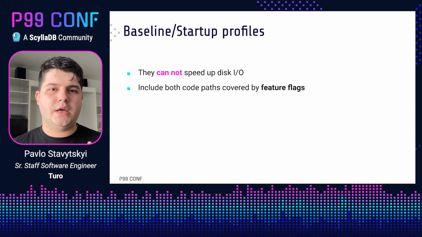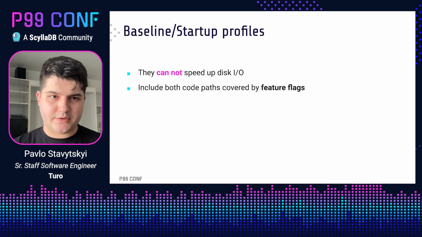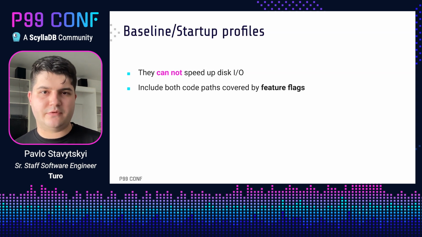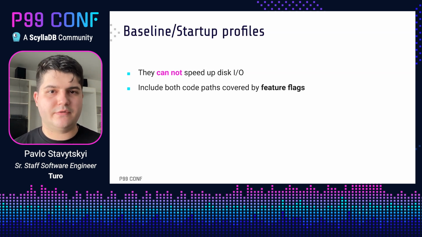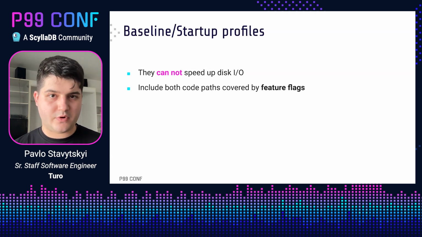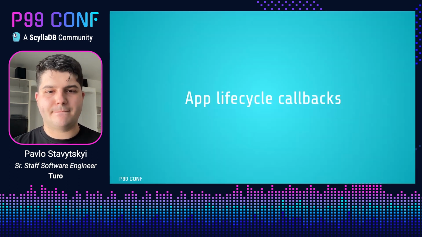And also, when you use baseline and startup profiles, it's important to cover both code paths covered by feature flags, if you are using feature flags on application startup, because these are two different branches that cover different paths of code, and all of them should be present in startup and baseline profile configurations.